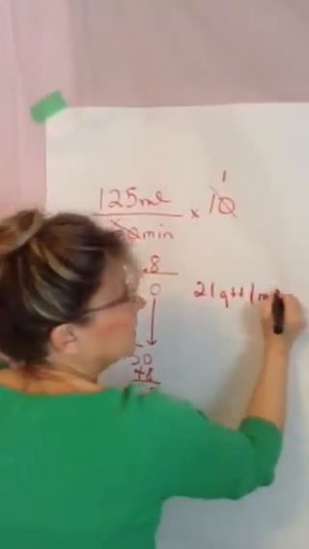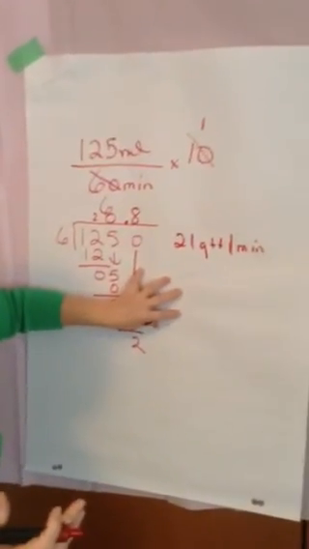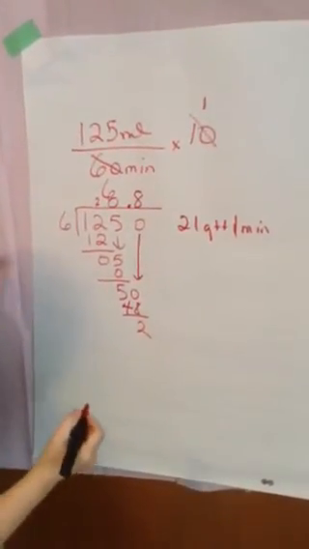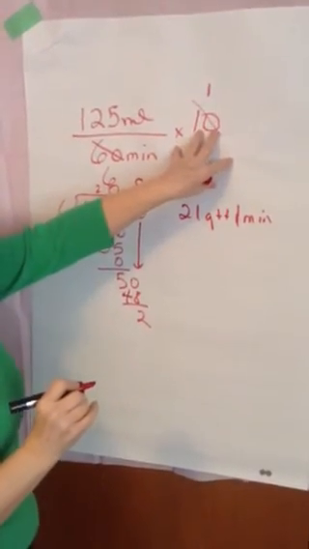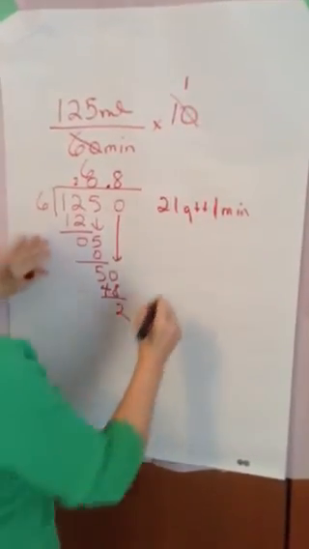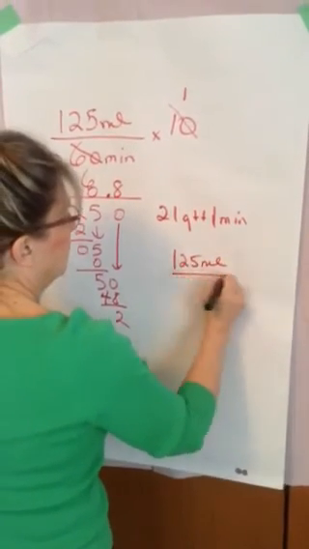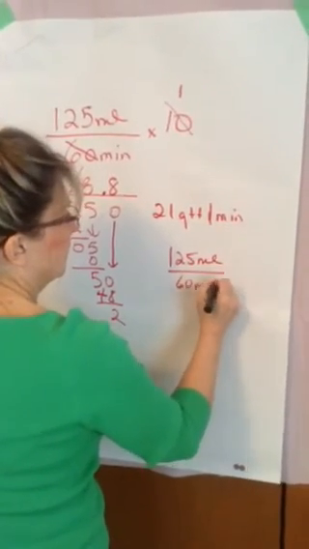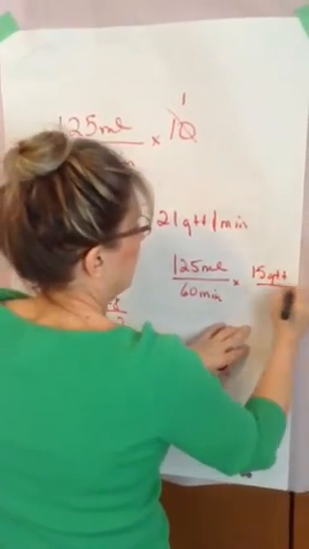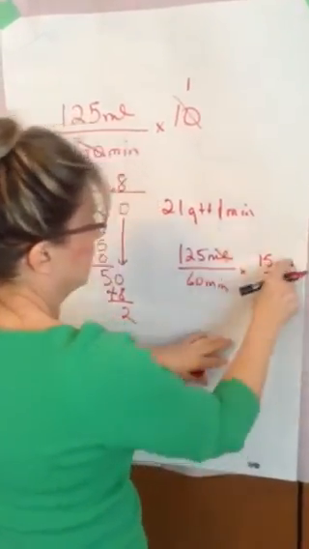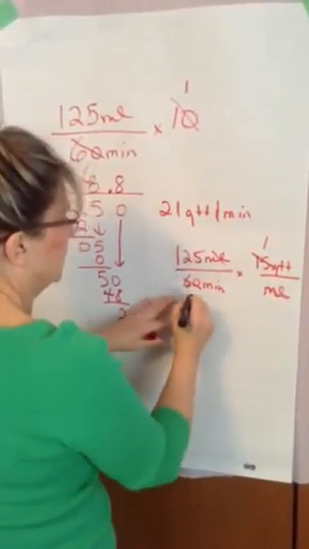And you know, when I was a student, I did a cue card for all of these. If we're at Ajax, and if your infusion set is 15 drops per mil, then we have 125 mils per 60 minutes times the drop factor of 15 drops per mil. So we're going to get drops per minute. 15 goes into 60 4 times.